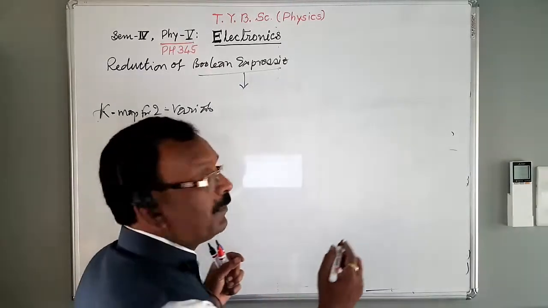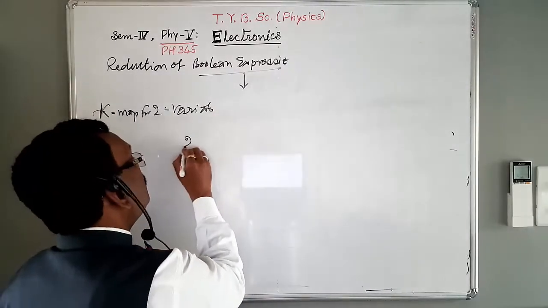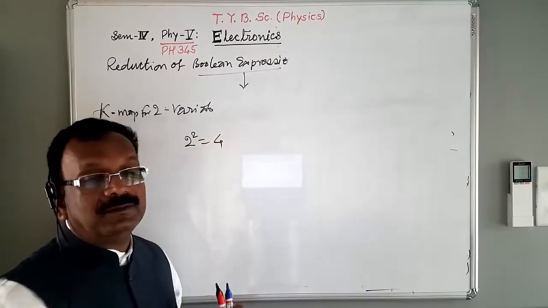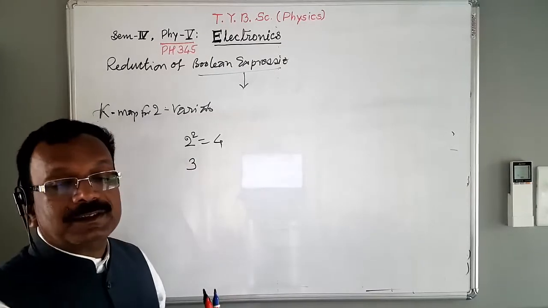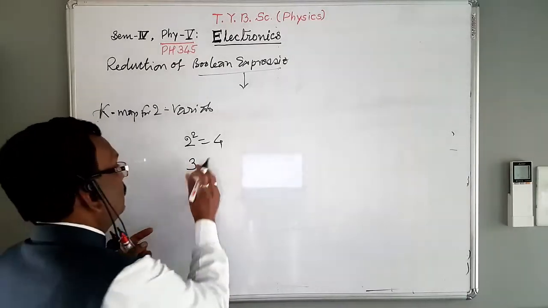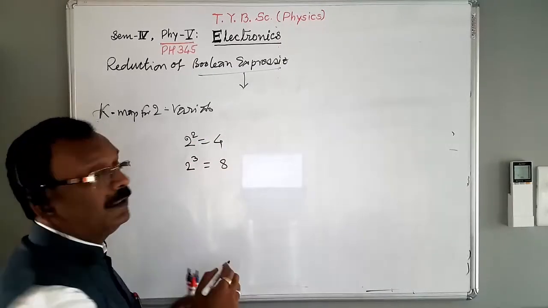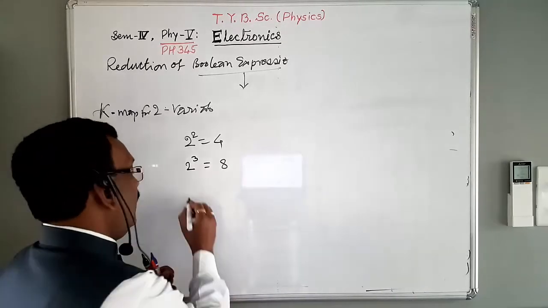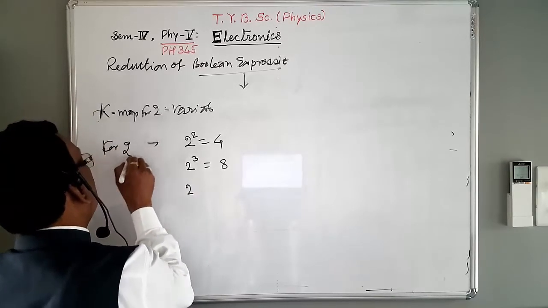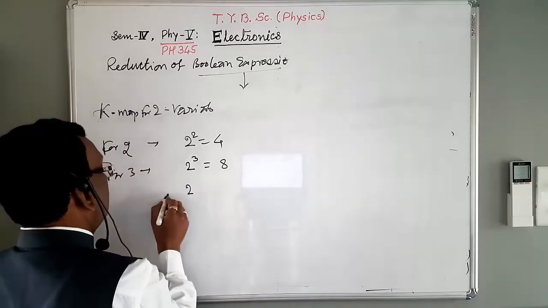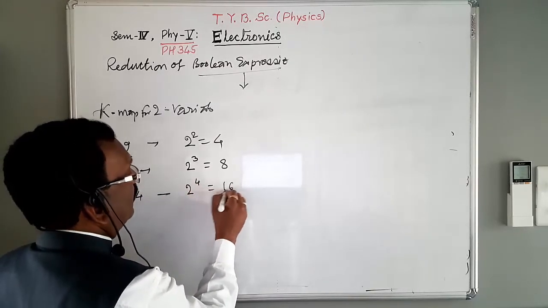Suppose two variables, so the K-map has 2 raised to 2 is equal to 4 cells. If there are 3 variables, then 2 raised to 3 is 8, so the K-map has 8 cells. And for 4 variables, 2 raised to 4 is equal to 16.